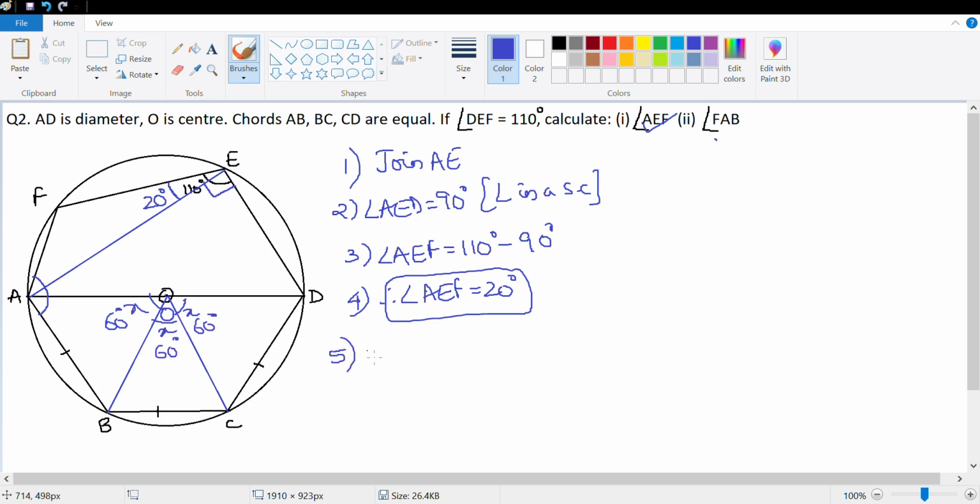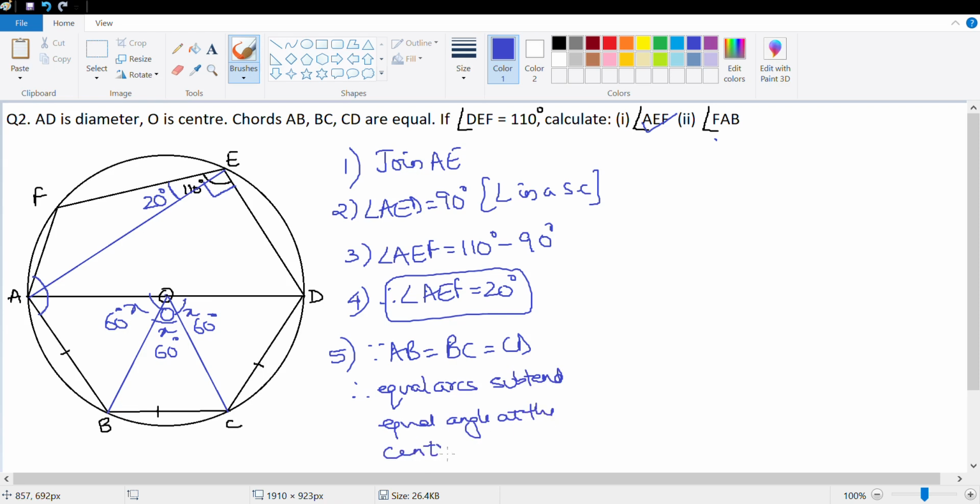Since AB is equal to BC is equal to CD, therefore equal arcs subtend equal angle at the center, which means angle AOB is equal to angle BOC is equal to angle COD is equal to x.